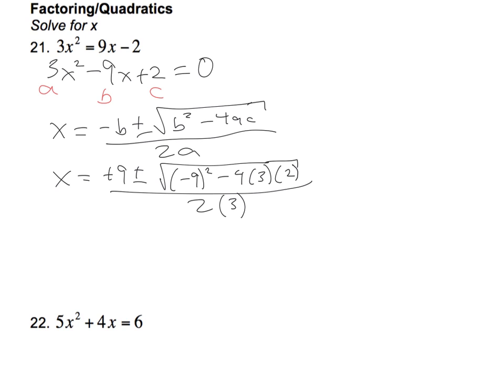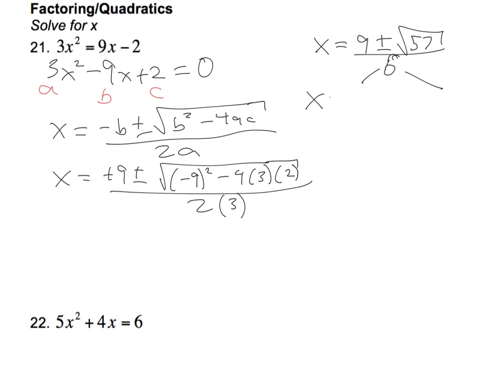I'm going to go ahead and simplify what's under the radical. And so what we get is positive 9 plus or minus the square root of 57 all over 6. And you could really leave this like this, but I'm going to go ahead and split this into 2 to get my 2 actual decimal answers.